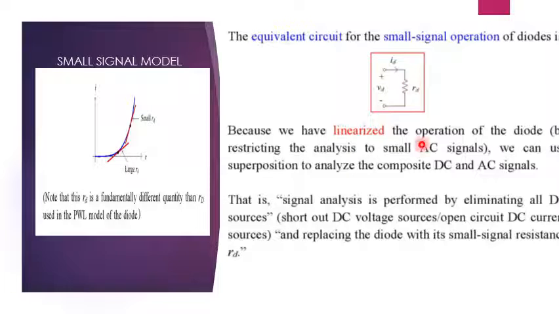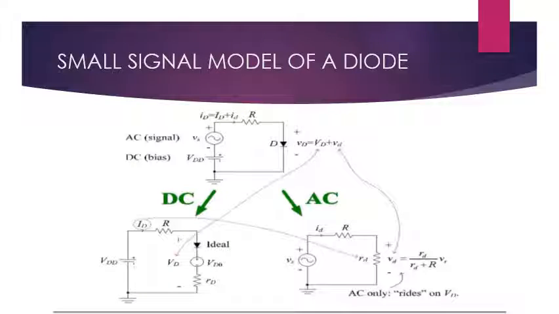So it is actually performed by eliminating all DC sources, that is, short out your DC voltage sources, open circuit your DC current sources and so on. Clear? Right. Now if we are going to solve a problem, it will be very easy for us. Now before that, see what we have taken. This is your circuit. We are applying an AC signal, and we are applying a DC bias here.